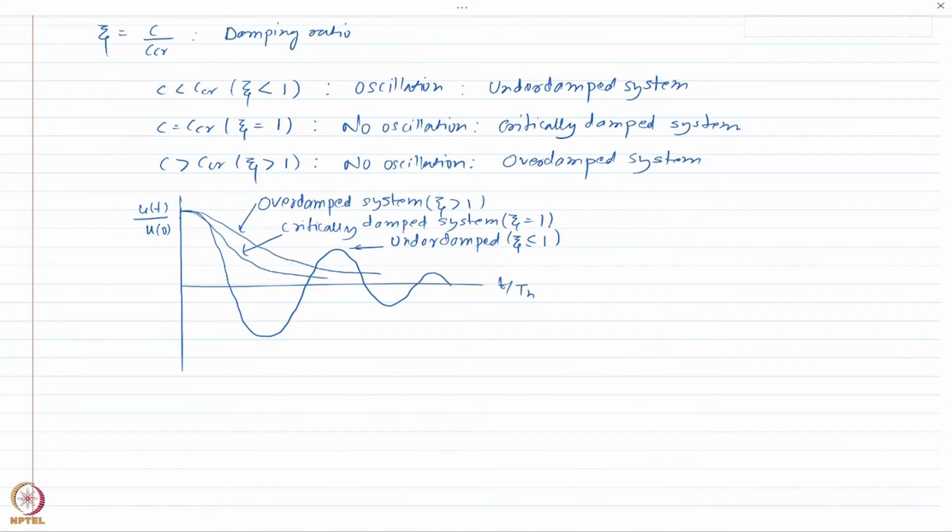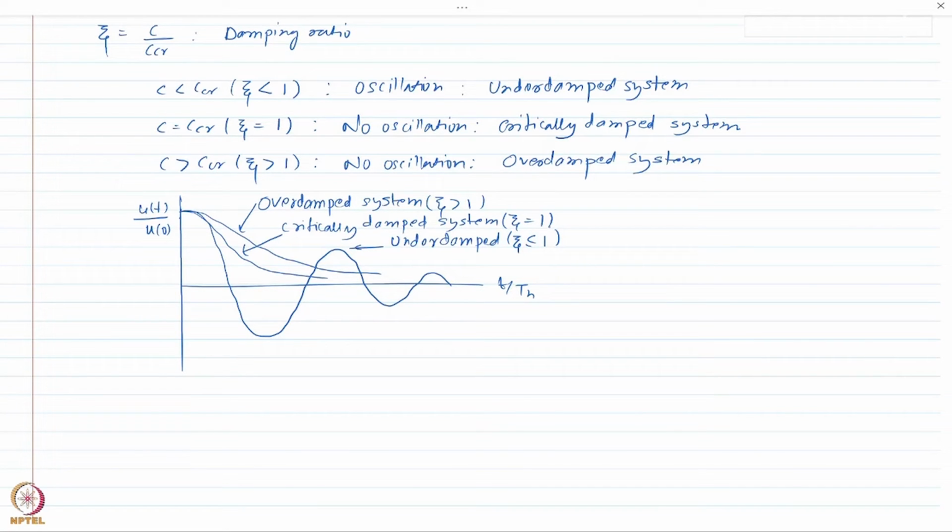If you provide it initial displacement, it would just come back to rest from the initial position. However, if it's an underdamped system, then it would oscillate and then gradually the amplitude would decrease and come down to 0. And the rate at which the amplitude decreases depends on the value of zeta, or the damping ratio. I hope that is clear to you.